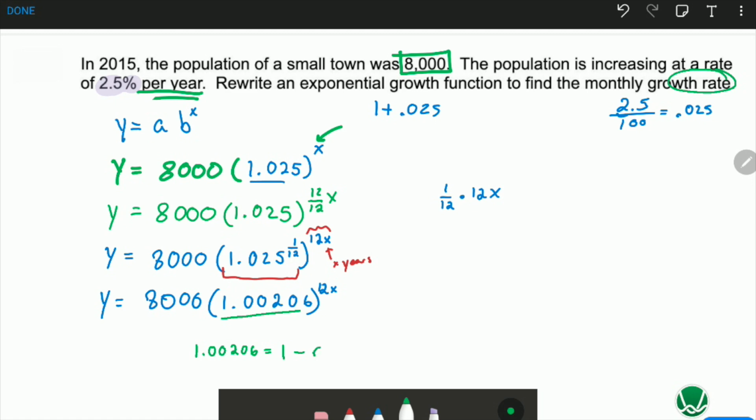Actually, no, 1 plus the growth rate, because this is growth, which means if I get r by itself, our growth rate, r, is 0.00206 or 0.206%, approximately, as the monthly growth rate.